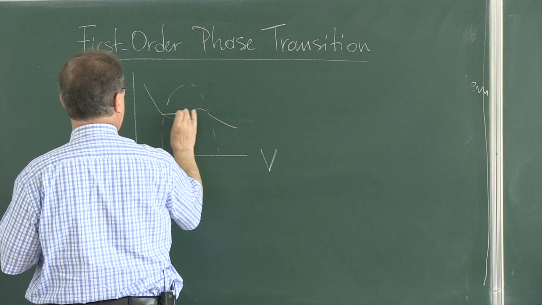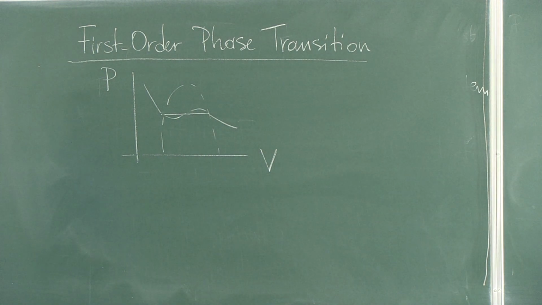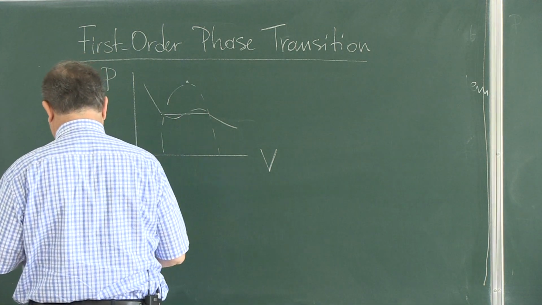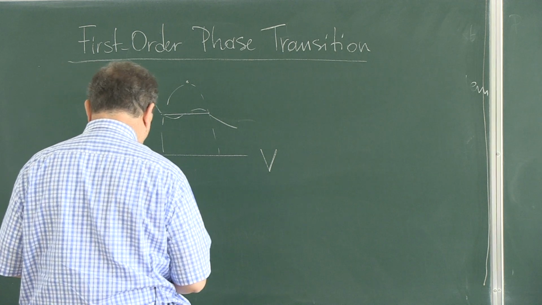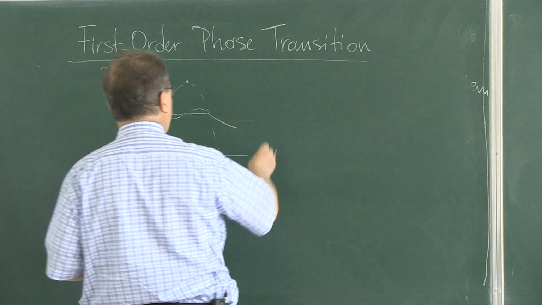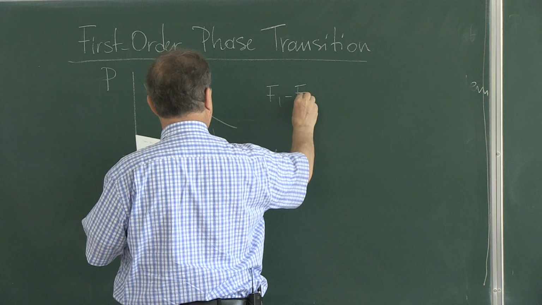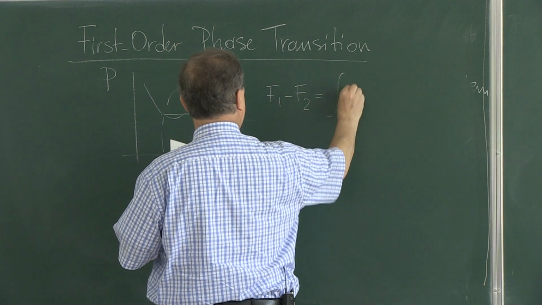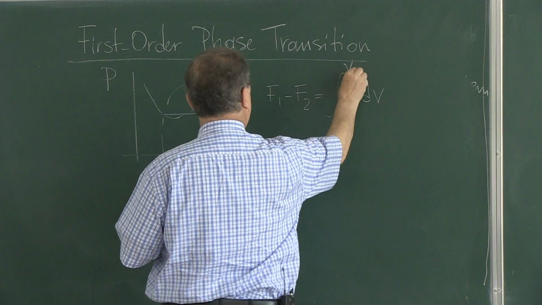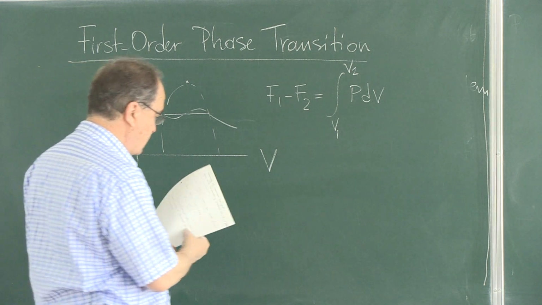So we are trying to get it to be a straight line, by looking at the free energy difference between liquid and gas as the integral of P dV, from V1 to V2. The two phases have this difference.